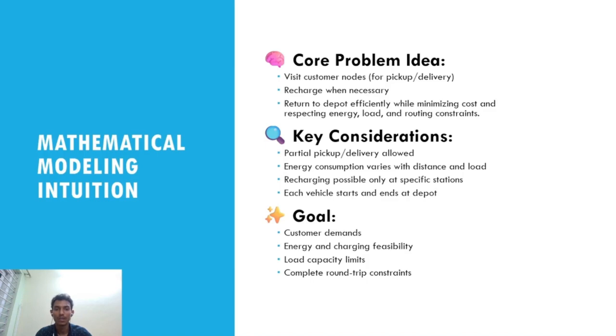Moreover, we allow partial pickups and deliveries, making the model more flexible and realistic. Our ultimate goal is to construct a feasible and cost-efficient round trip that obeys all the energy, load, and route conditions.